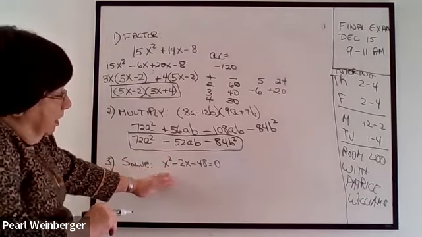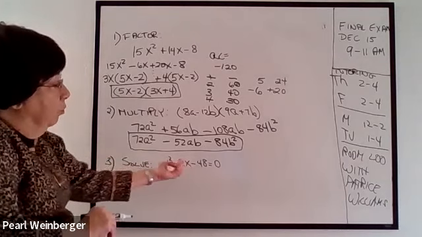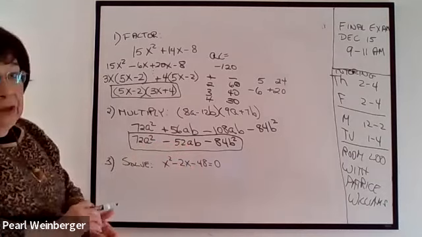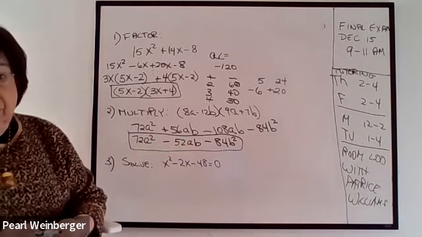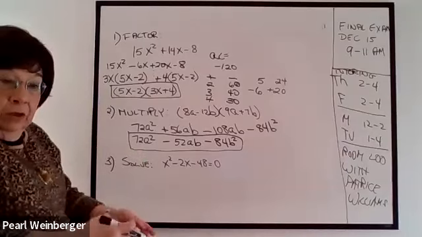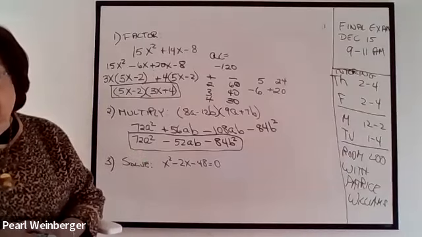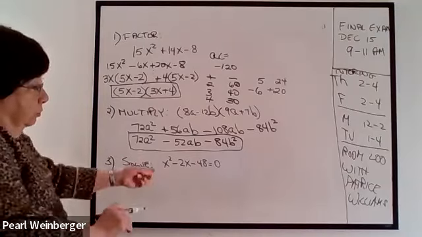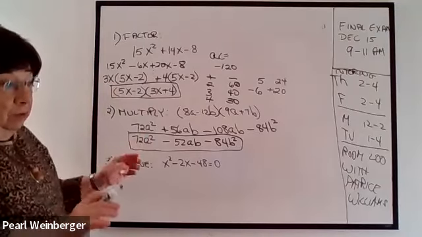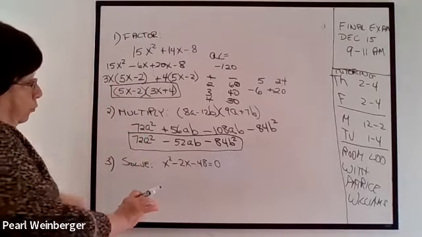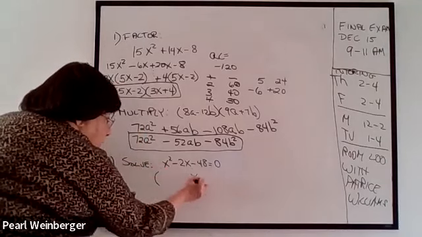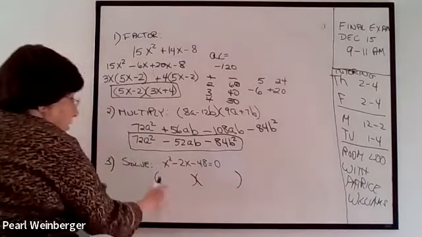And when we solve the quadratic equation, we want all the terms on one side equaling 0 on the other side, if we're using either the factoring method or the formula method. We haven't talked about quadratic equations yet in chapter 4. So this is just a simple factoring example.